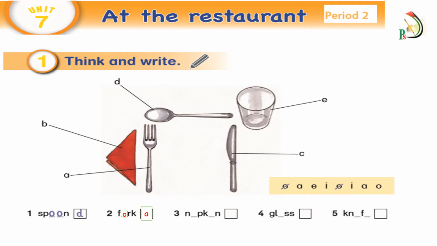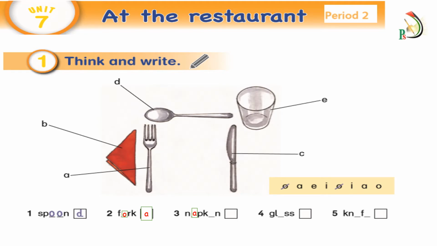Now, number 3. N space P K space N. Can you complete this word with the missing letters? Yes, we can. Please write your answer down on the spaces. Now check your answer. A, napkin.